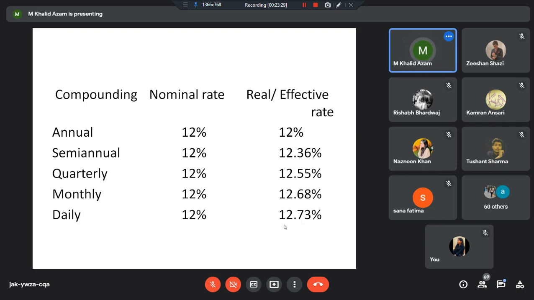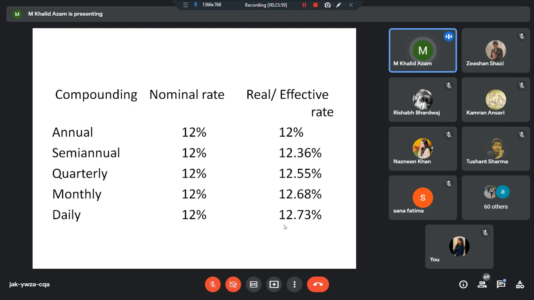The basic purpose of this discussion is, no doubt, it is simply mathematics, not even mathematics, this is simply arithmetic, where you are going to calculate the percentages and all. But the thing is that its application we have to understand, and its implication also we have to consider. What will happen and how, if something is going to be decided and it is being done on compounding, on a semi-annual basis or quarterly basis, what type of return you are expecting.